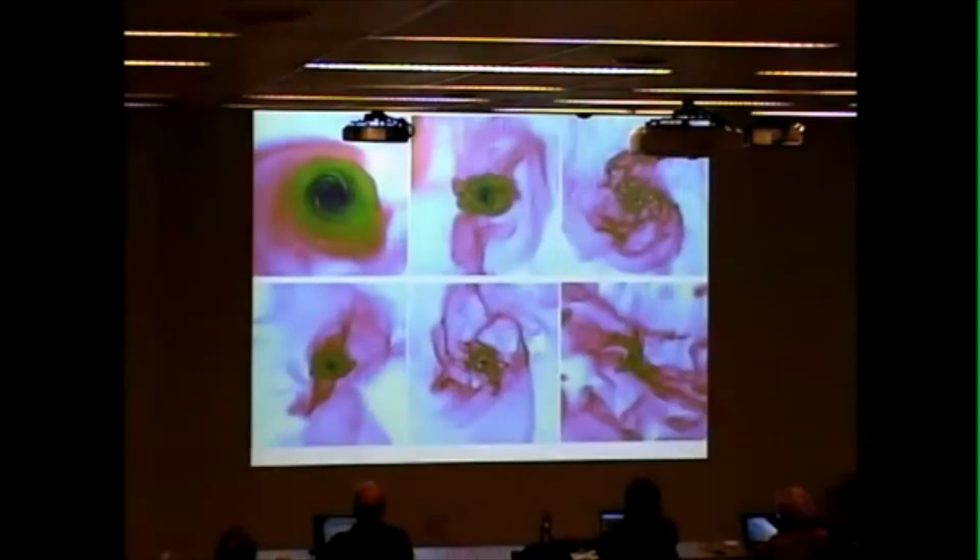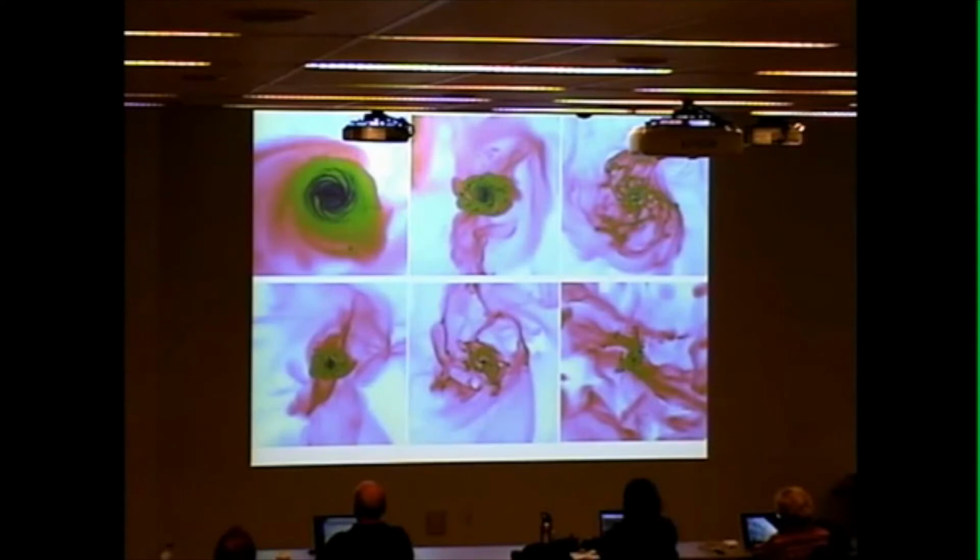So how does the galaxy look for these different prescriptions? Here is the standard density threshold. The density threshold here is 400 atoms per cc. Okay. So here is no feedback, energy conserving feedback, momentum conserving feedback. Here is the same with the turbulent star formation prescription: no feedback, energy conserving, momentum conserving.